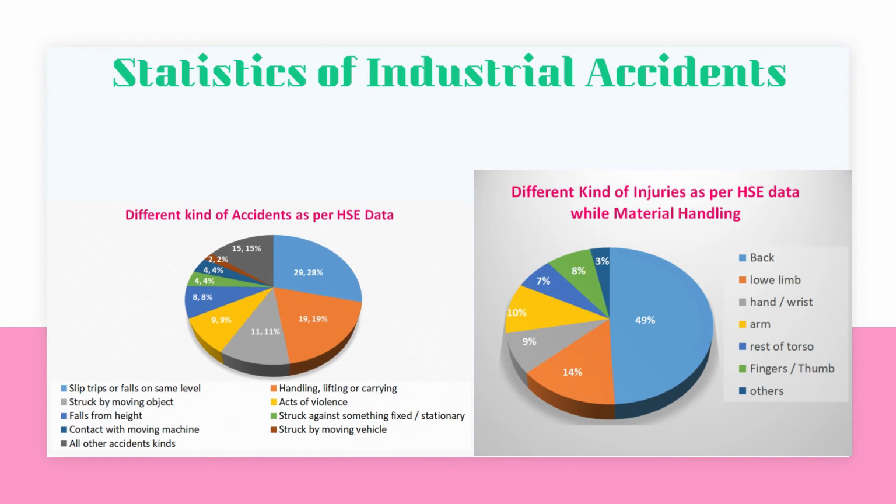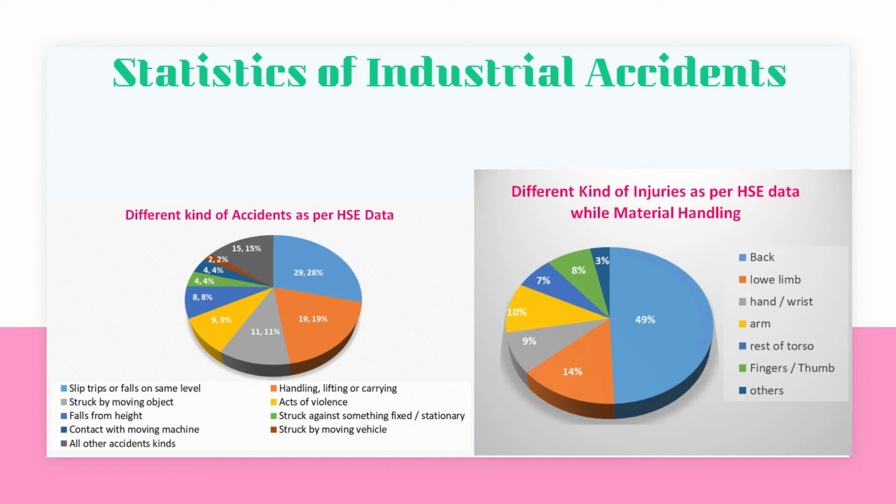If you see HSE data again, for the year 2020, the back injuries are 49%, which is really high. That is one of the reasons why, when I was talking about facts, I was talking more about backbone injuries. So this is manual metal handling.